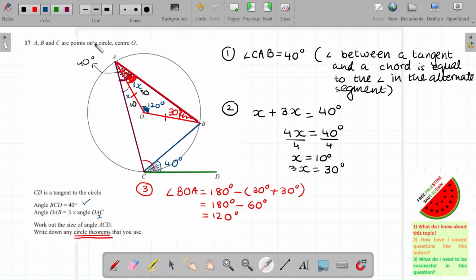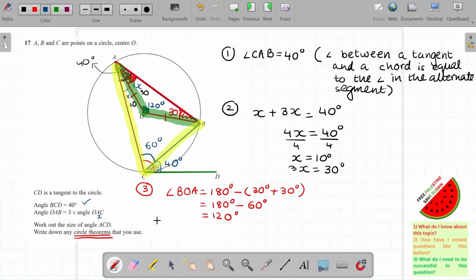Okay, so that's how you can recognize it. So these are the two radii, OA and OB. Can you see that? And then for another angle to be an angle at the circumference, it has to start from where the first radius touches the circumference, then go and touch the circumference at another point, and go back to the point where the second radius touches the circumference. Okay, so that would mean that this angle here is half the 120 degrees, which is 60 degrees.